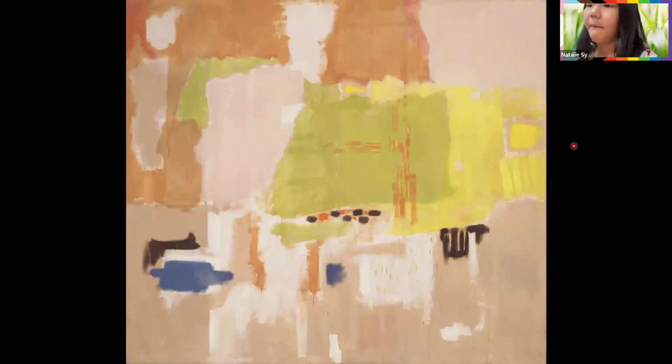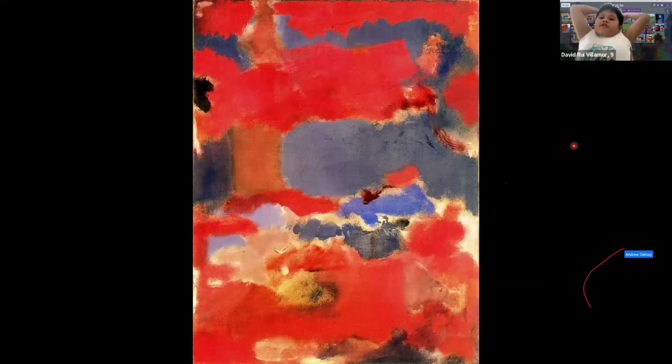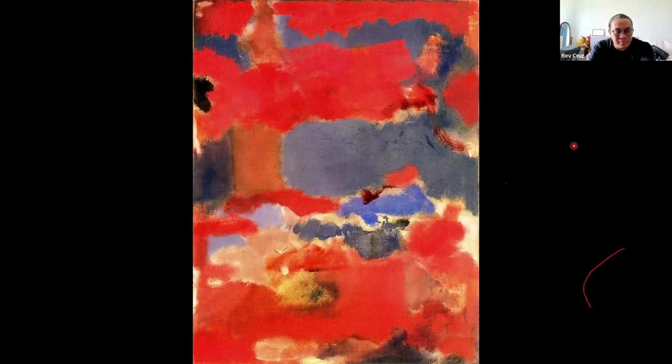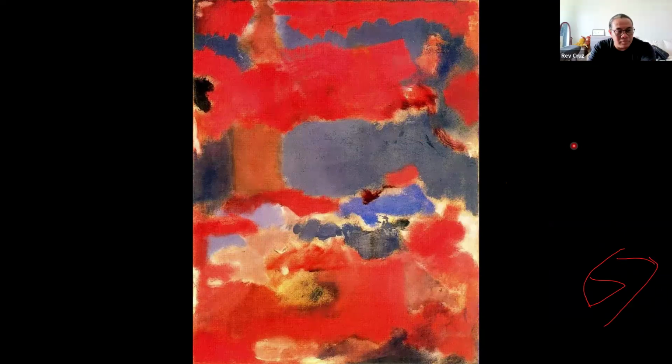Now, guys, what do you feel when I show you this next multiform painting by Rothko? What do you feel, guys? I feel happy. Calm, because it's just like you're seeing a tree. Yeah, you feel calm? Yes.